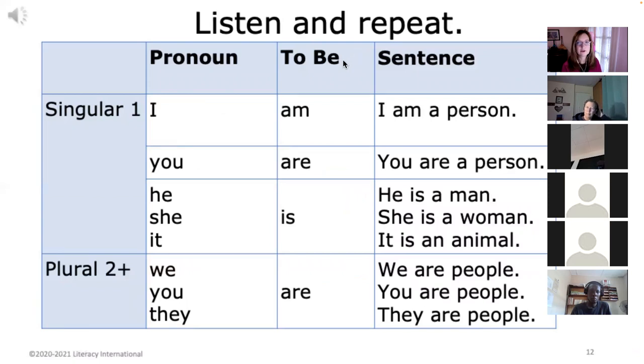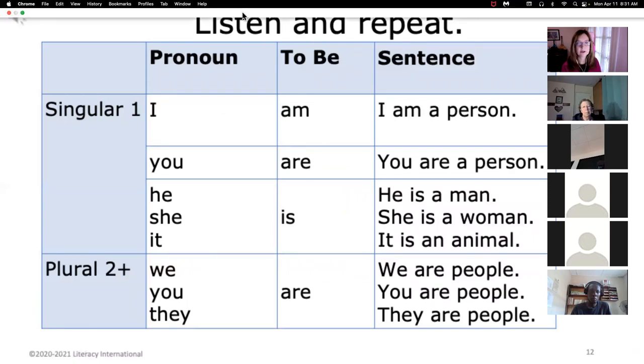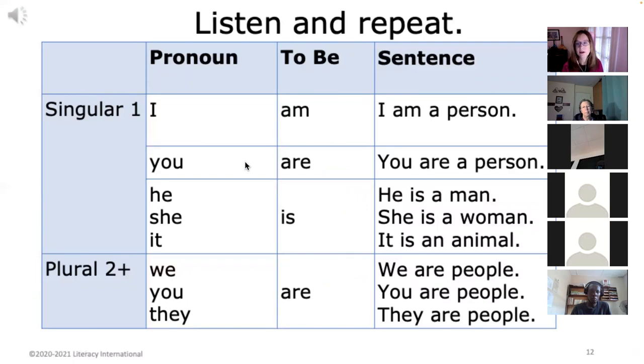Okay, so often, when we're teaching grammar, we will use charts like this. And in the Light of the World materials, we have a lot of grammar charts. That's just a way for students to visually dissect the information and see patterns in it.